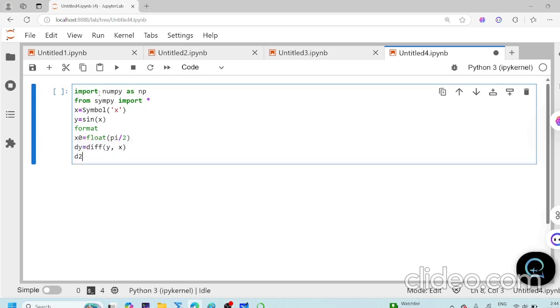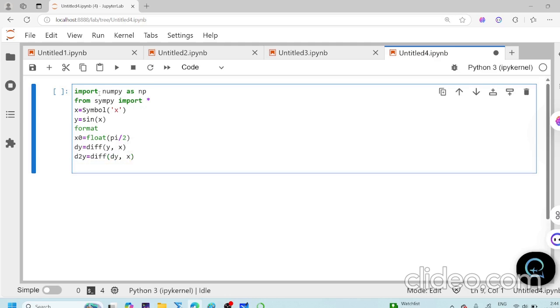Then d2y I'll write. So d2y, I can write diff of y with respect to x twice. You can write this, or you can just write differentiate dy with respect to x. That also will give you the second derivative of y with respect to x.